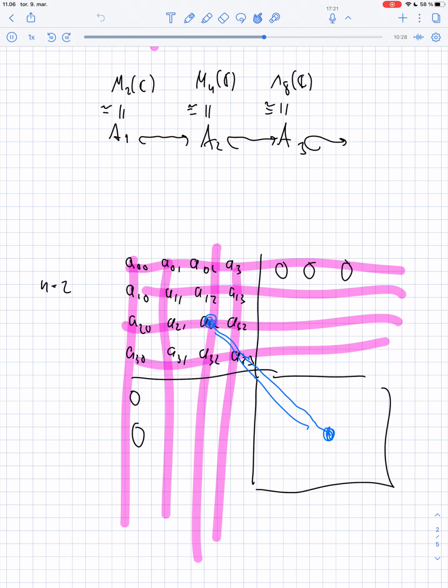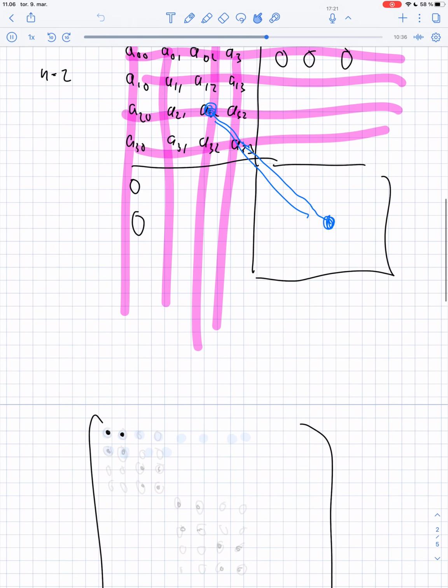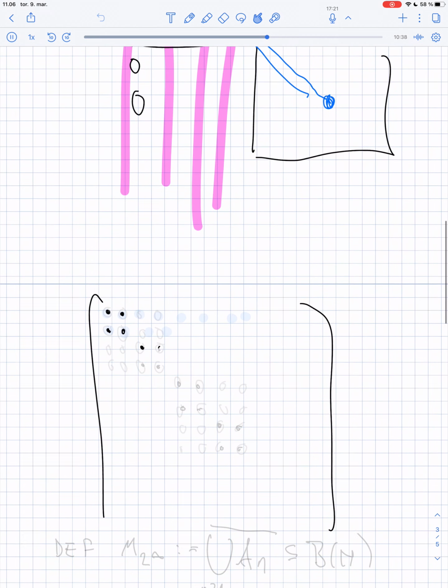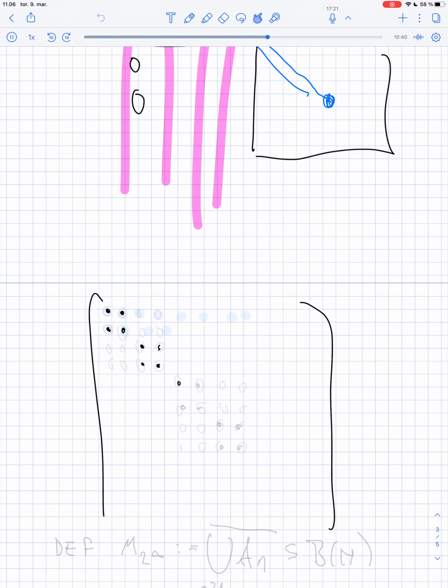So really, if you allow me to do a less formal picture, the first time I get something with values that look like this, these are the 2 by 2 matrices, and they live inside my infinite dimensional Hilbert space in this particular way. And then the next time, I use another color, I get the 4 by 4 matrices.